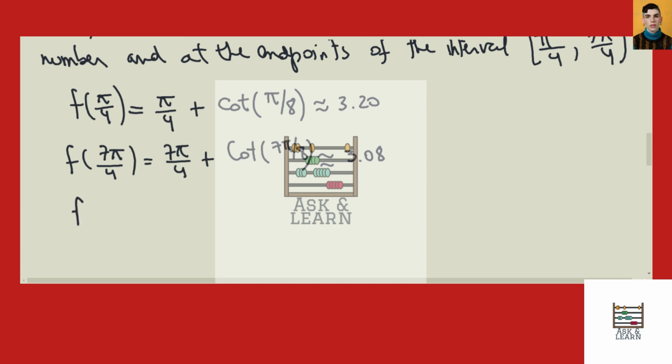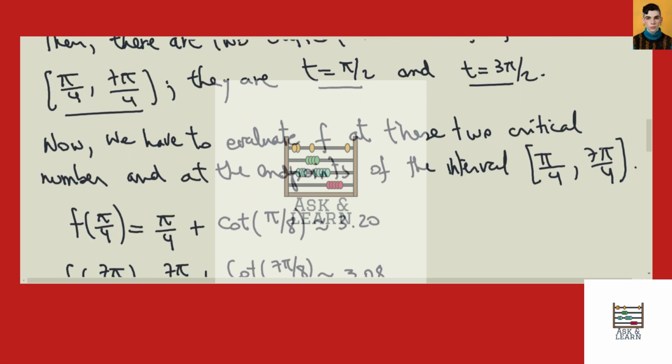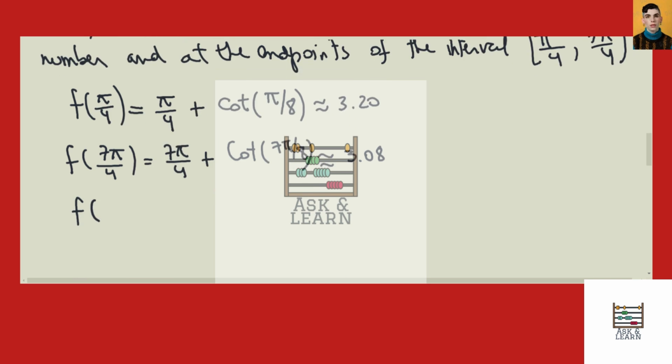Now we calculate f at the critical numbers, pi half and 3 pi half. Let's start with pi half. That's pi half plus cotangent of half of this value, that is pi fourth. We know the cotangent of pi fourth is 1 over tangent of pi fourth, that is 1.